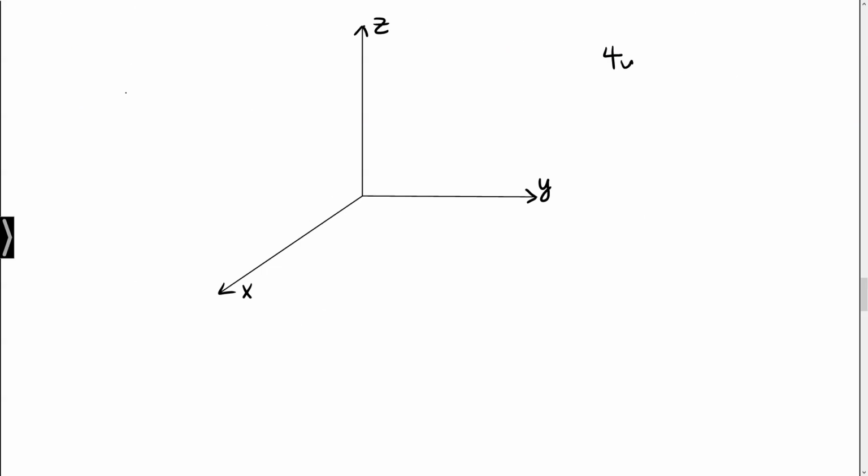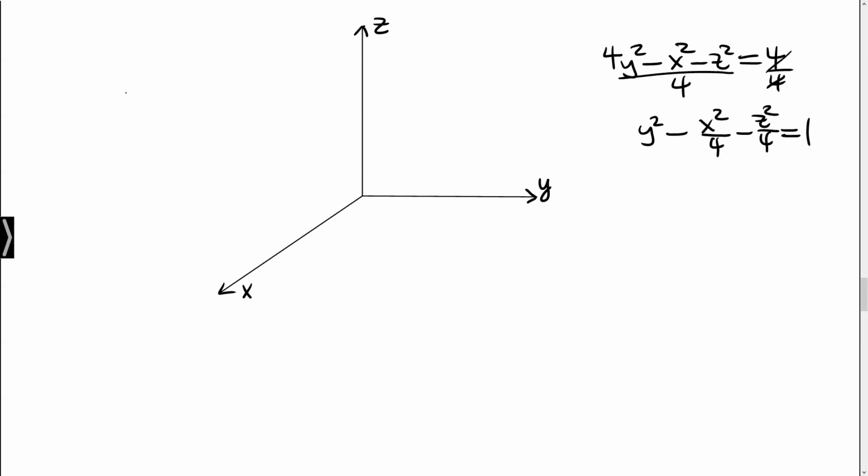All right, so we had 4y squared minus x squared minus z squared is equal to 4. Let's first divide through by 4. The standard form for us would be, we take y equals 0. We don't get anything, so there's nothing at the origin here. And how big does y have to be before we start getting something?